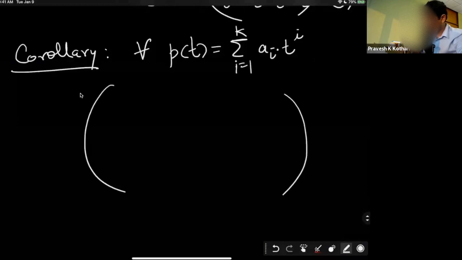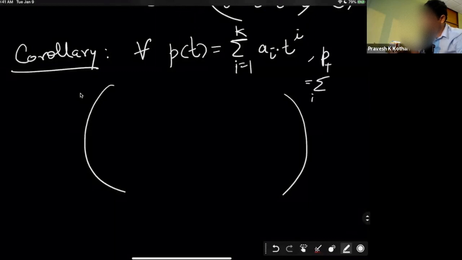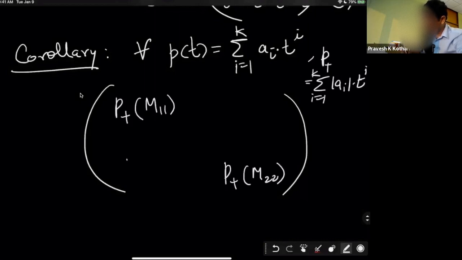So, let's call P plus the polynomial where the coefficients are absolute values. Then, I apply P plus to the diagonal blocks and apply P to the off diagonal blocks.